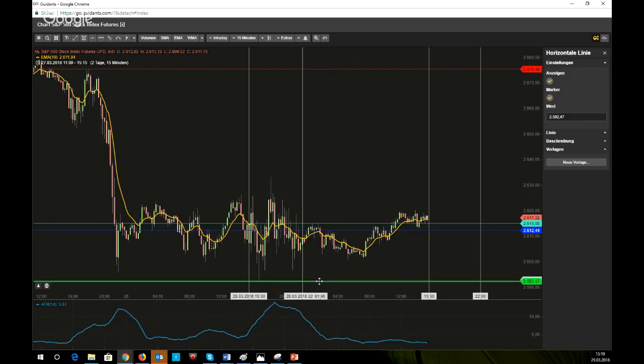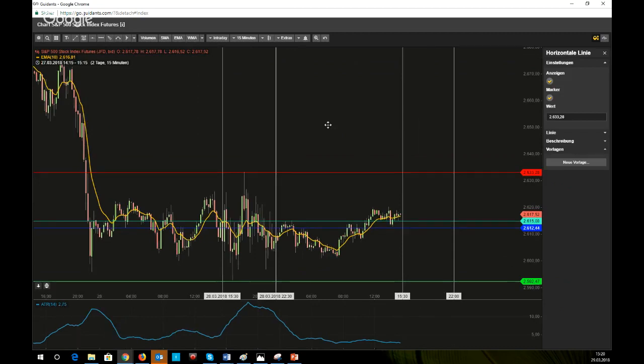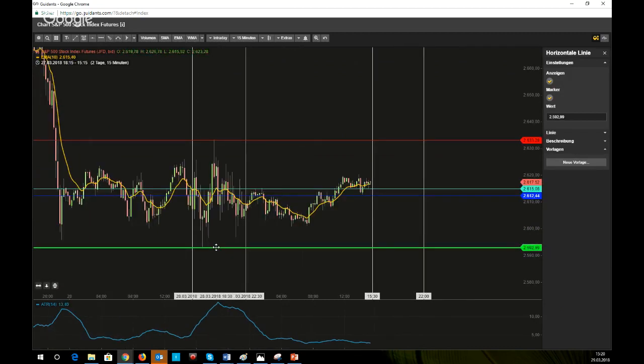Those horizontal lines, the green one and here the red one, are the low of the day before, and the high of the day before. So the green line is the low, the red line is the high of the day before.